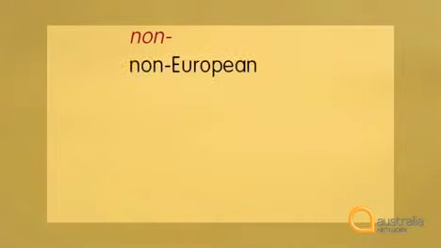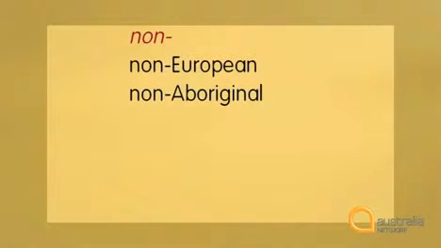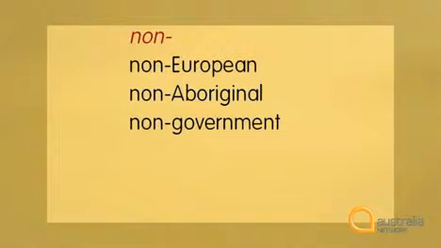Non-coding means not coding. Notice that we use a hyphen with the non prefix. Non usually forms adjectives. It means not in the group of. So we have non-European, non-Aboriginal, or non-government. Non can also just mean not, giving a negative sense to a word.